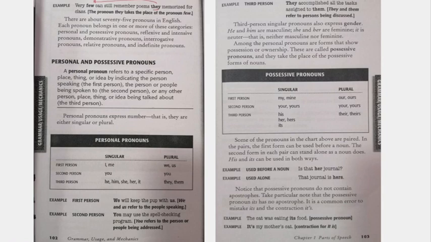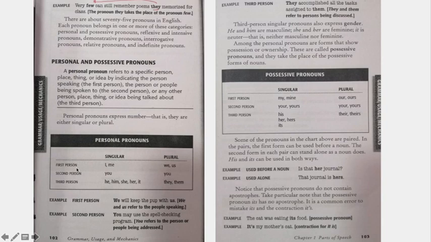Personal pronouns express number, that is, they are either singular or plural. So even as a category, they are called personal pronouns, they are actually divided into two, whether they are singular or plural.